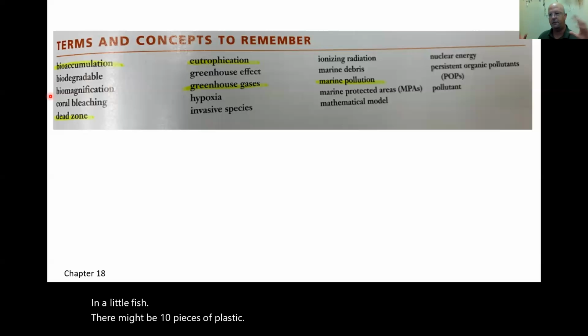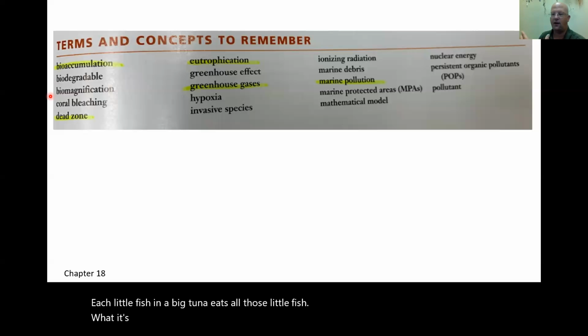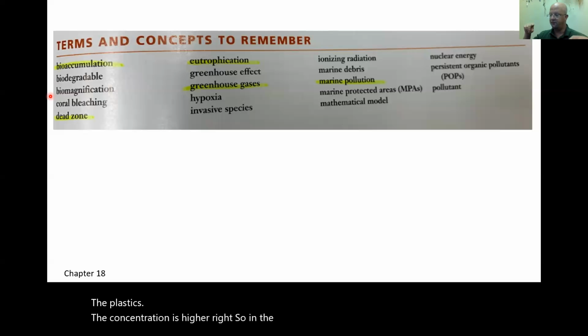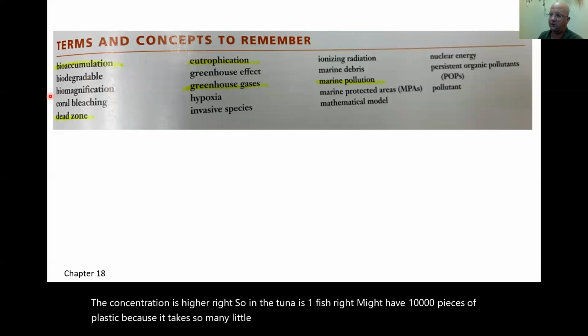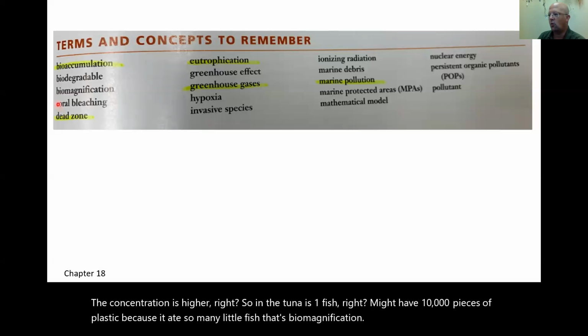Each little fish. And a big tuna eats all those little fish. What it's doing is magnifying the plastics. The concentration is higher, right? So the tuna, it's one fish, might have 10,000 pieces of plastic because it ate so many little fish. That's biomagnification.